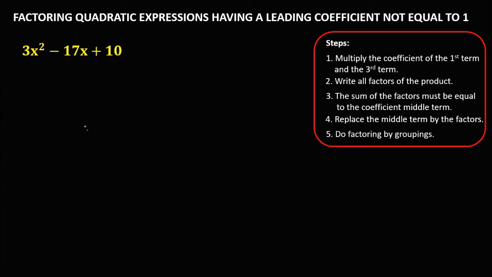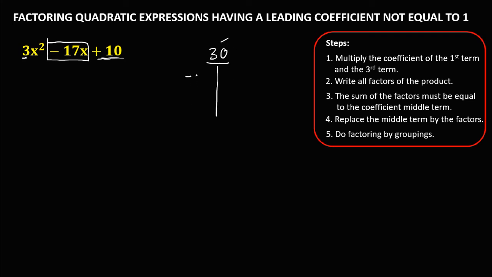Then for this given, multiply the first term and the third term. So 3 times 10, this one is positive 30. Then list all the factors of positive 30. Since 30 is positive and the middle term is negative, all the factors must be negative, because negative times negative is positive.